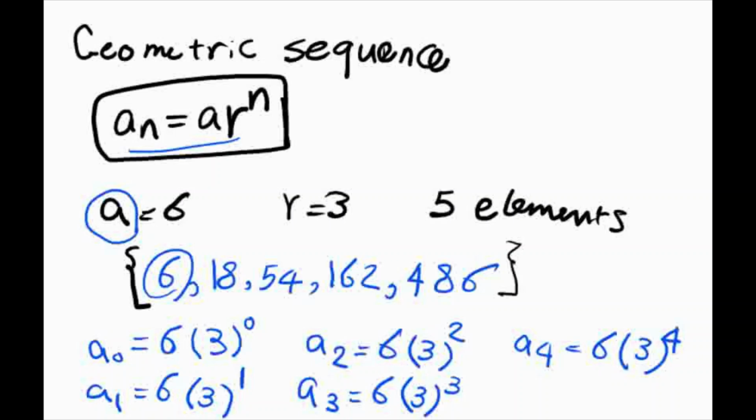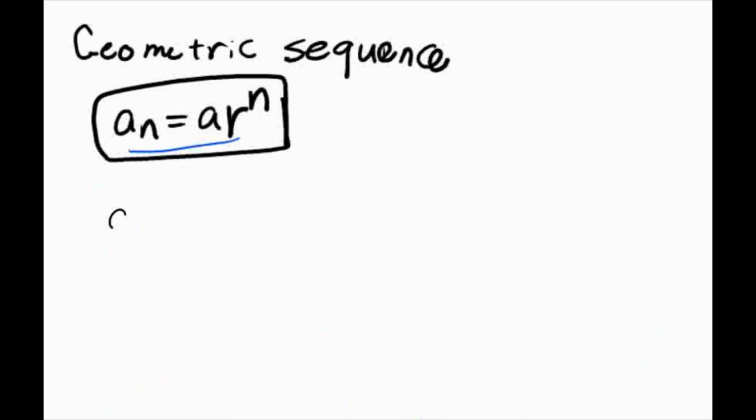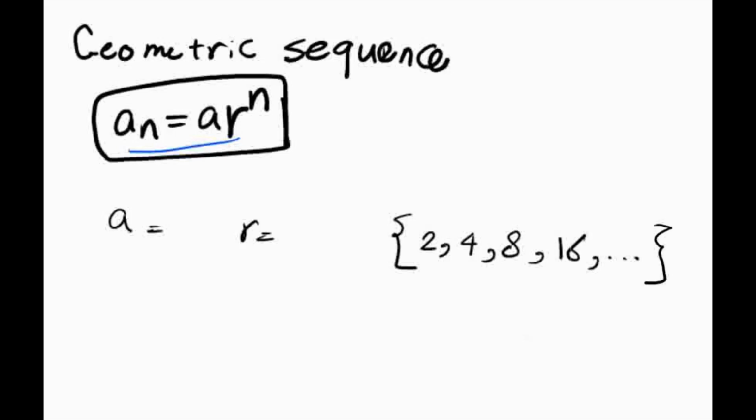Now let's look at another example. We want to find A and we want to find R. And the sequence that they gave us is 2, 4, 8, and 16. We want to find out what is A and R in this case.